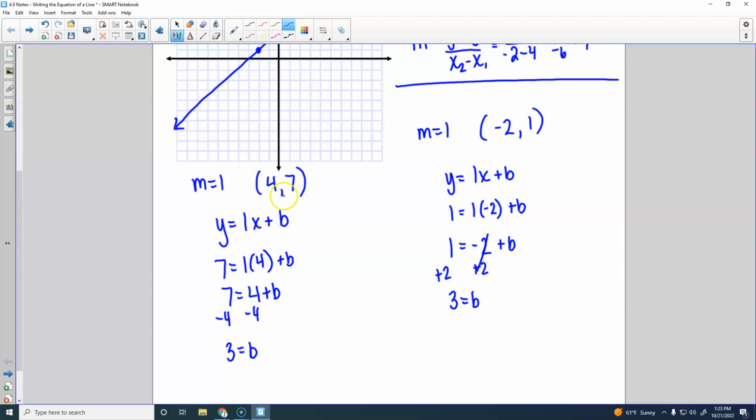If you use 4, 7, it's going to look like this, and you will get 3. If you use -2, 1, it'll look like this, and you will get 3. So either way, you'll get 1x plus 3, or it looked better if we did not put that 1 there, so just x plus 3.